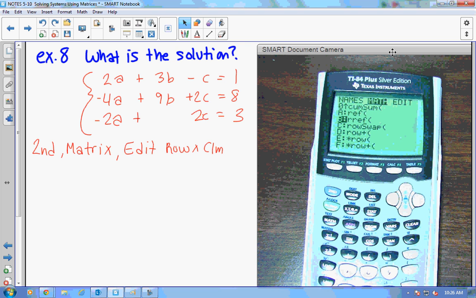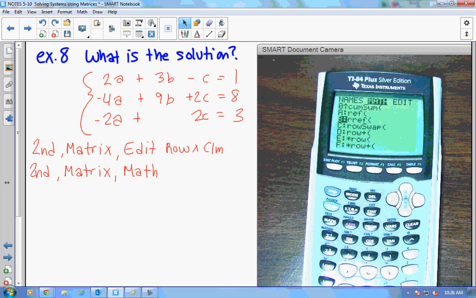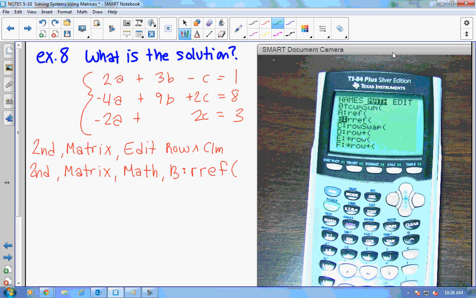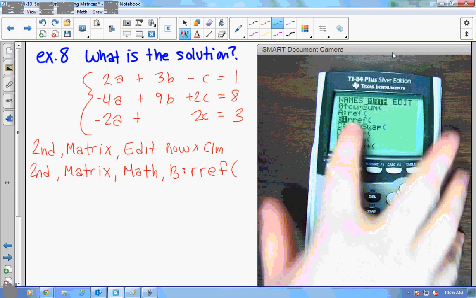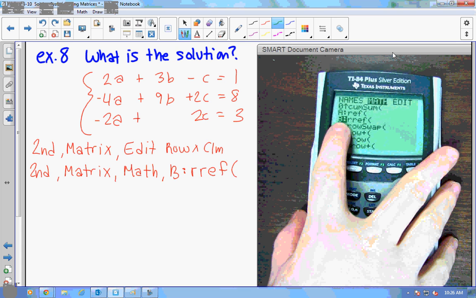This time we went over to math, and we're going to B, where it says reduced row echelon form. We want B. So hit enter once you've selected B.